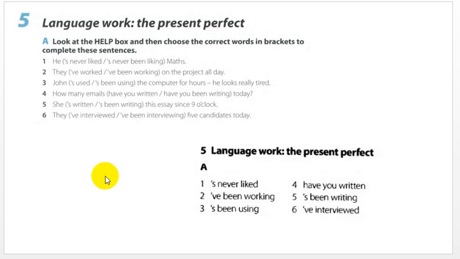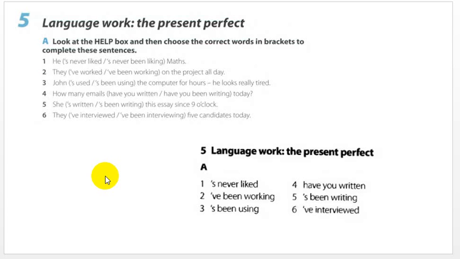Language work. The present perfect. What is the present perfect? Present perfect is a tense in English. It is used to express an action which started in the past and continues to the present and may continue to the future in an unspecified time.